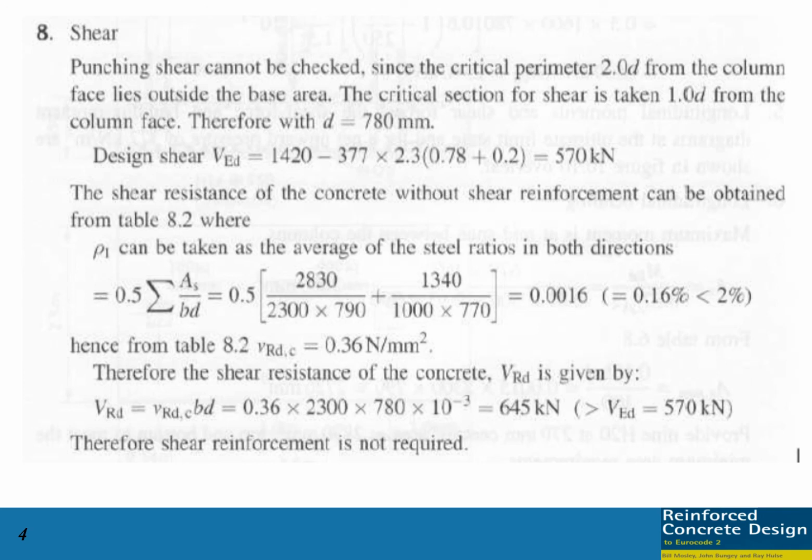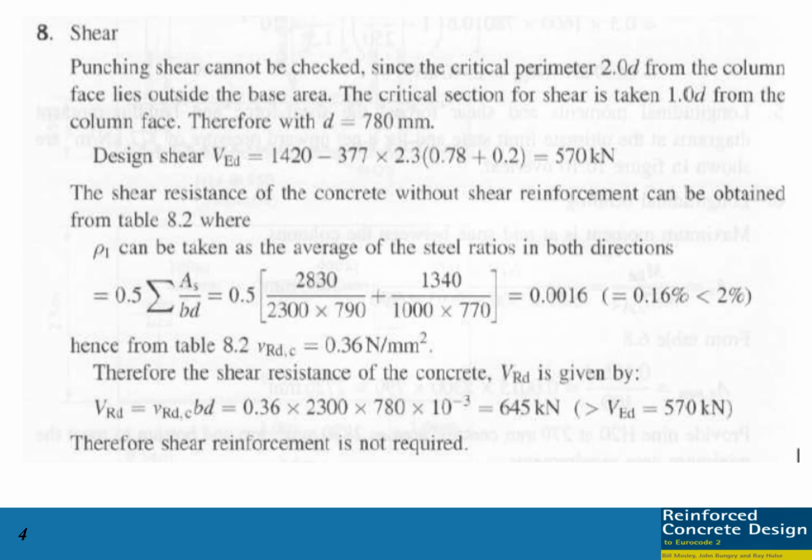Okay, multiplied with the D. D is 0.78 meter. Okay, plus 0.2. Okay, equal to 570 kilonewton. 0.2 you can see here is the half of width of the column, because the column width is 400 by 400, so the half is 0.2.